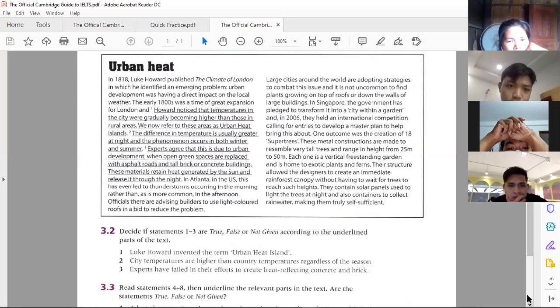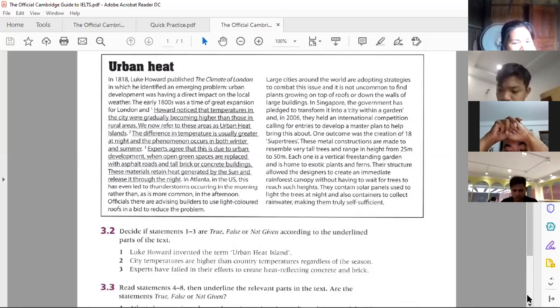We now refer to these areas as urban heat islands. The term is there already. Okay, thank you. Mr. Sukun, what do you think? True, false, not given? Number one. True, same reason as Nam.